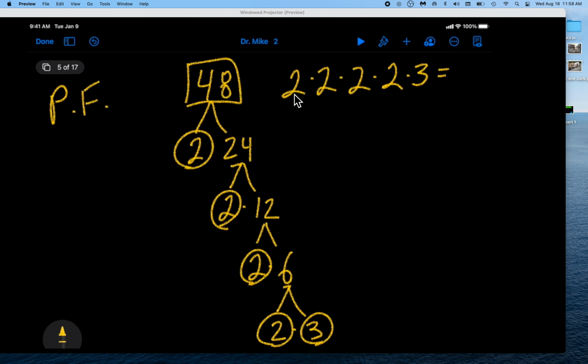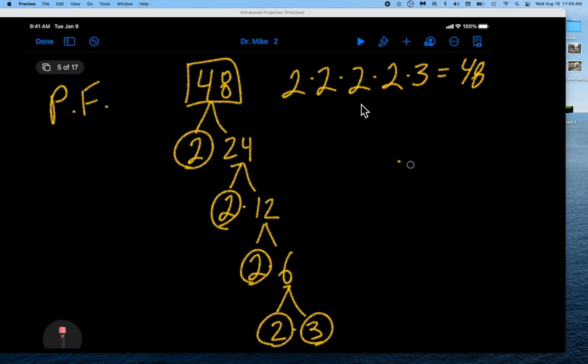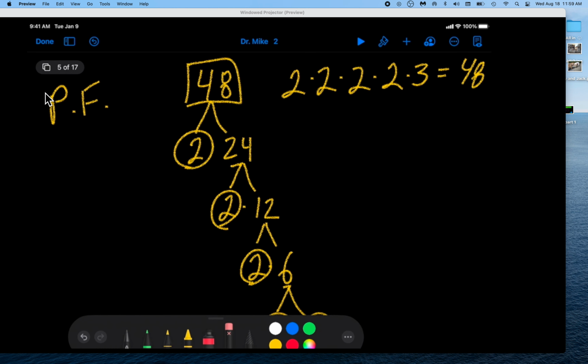Let's check our work. 2 times 2 is 4. 4 times 2 is 8. 8 times 2 is 16. 16 times 3 is 48. Let me prove that to you. 16 times 3 is 48. Folks, we can leave it like that, or we can combine these.